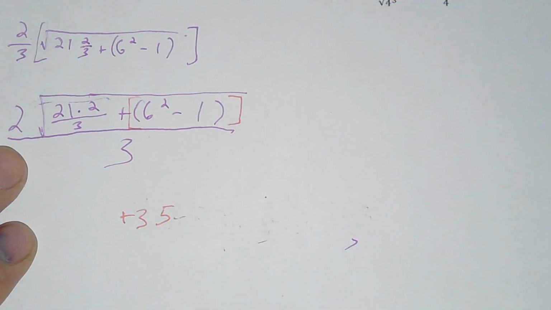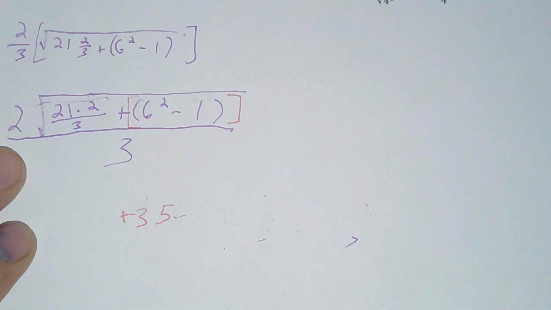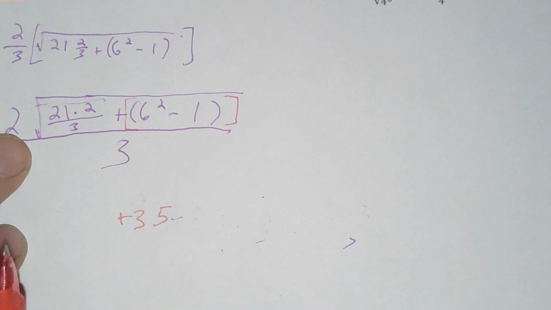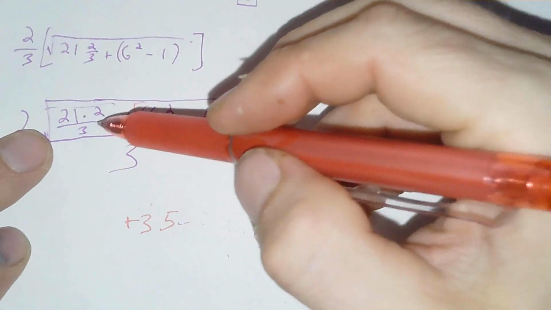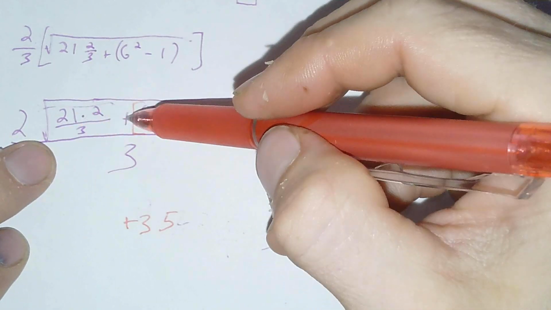Now we're going to work inside this radical, because we're working the exponent in PEMDAS, so we work inside out. We're working the inside of the inside first. Now we're working this fraction inside the radical.